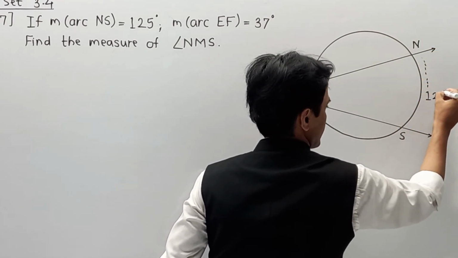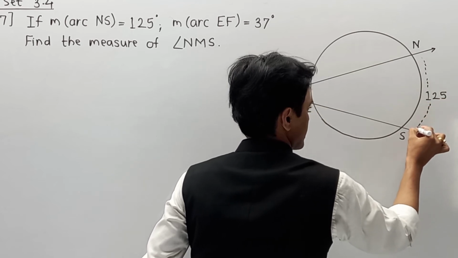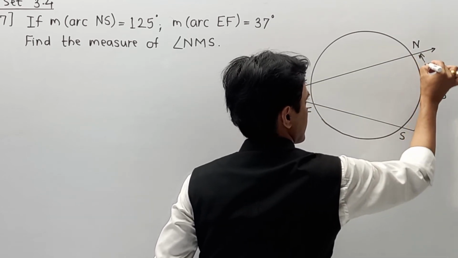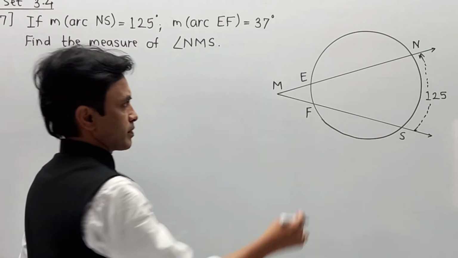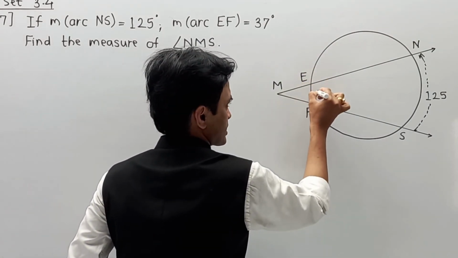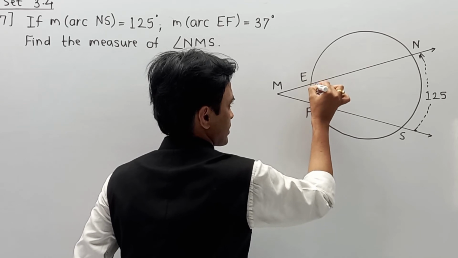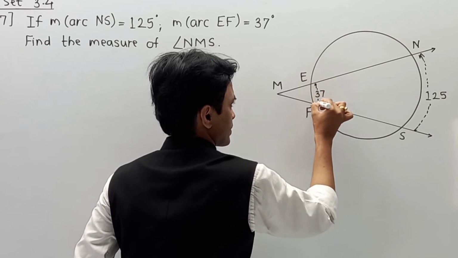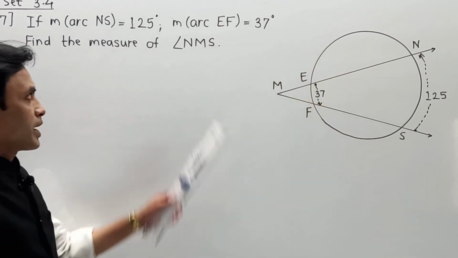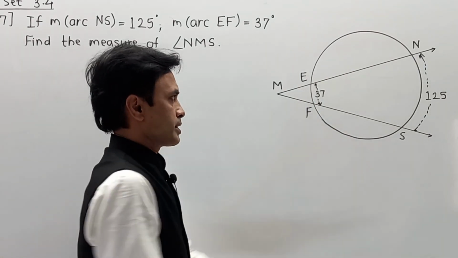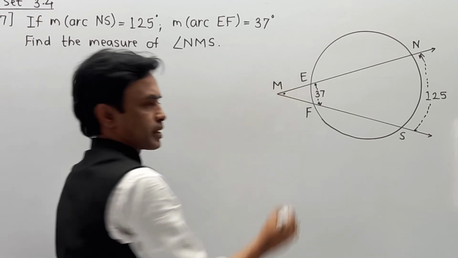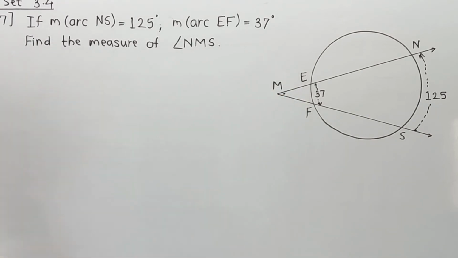as 125 degrees. Next, major arc EF is 37, this EF is given over here as 37. Then find the angle NMS. NMS means we are interested in finding this part. One by one I am going to write the data and complete it.